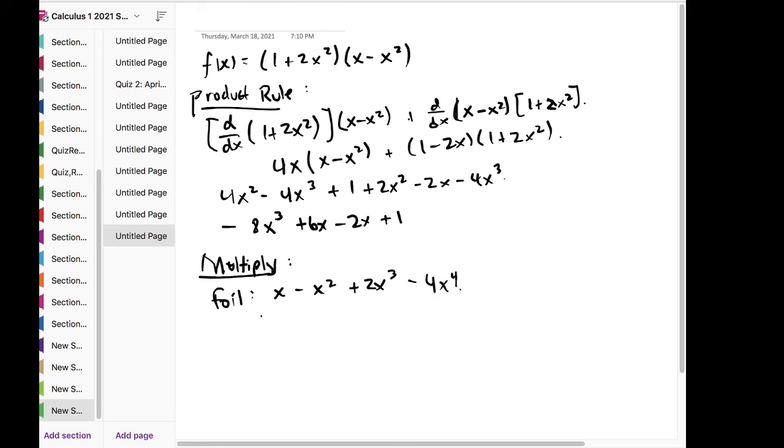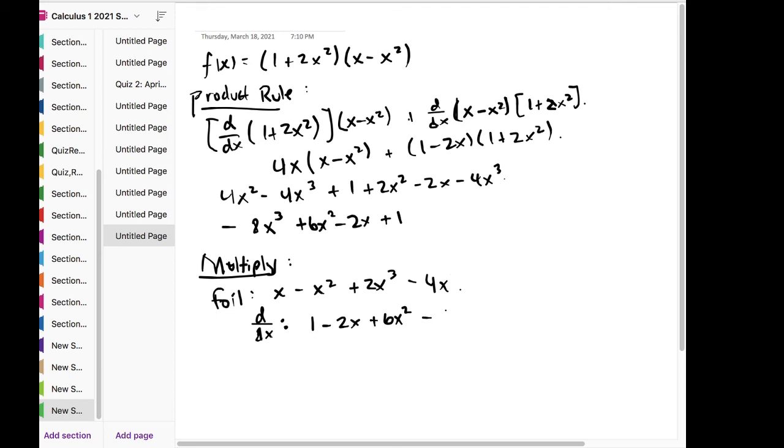So the derivative of all that is 1 minus 2x plus 6x, there's a squared here, right? 6x squared minus, why am I writing things wrong?